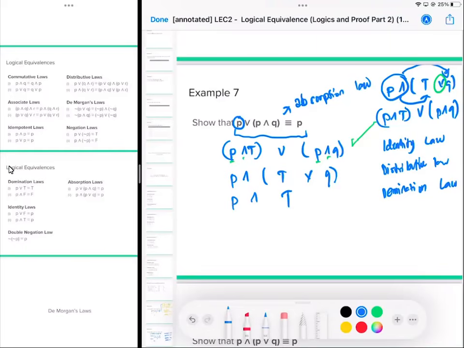So any variable that is taking the disjunction with any true value will be true. Because by the law of the OR operator, right? If there is a true, it will result to true. Okay? So now P and true will be true using the identity law. How is that the case?